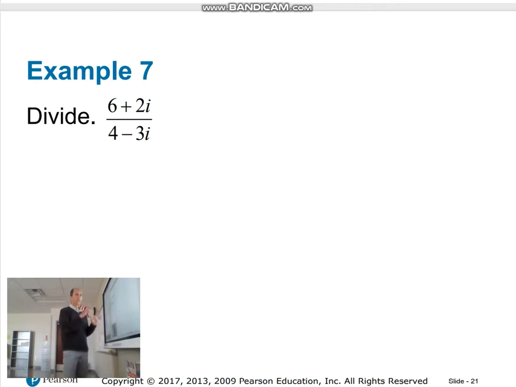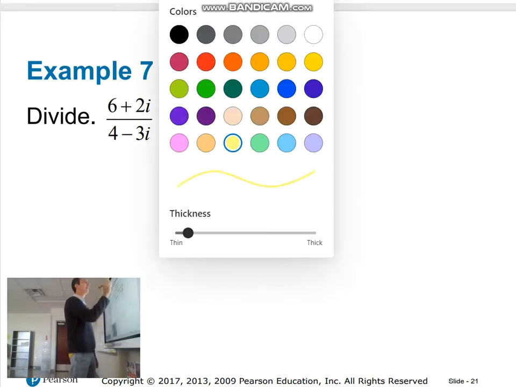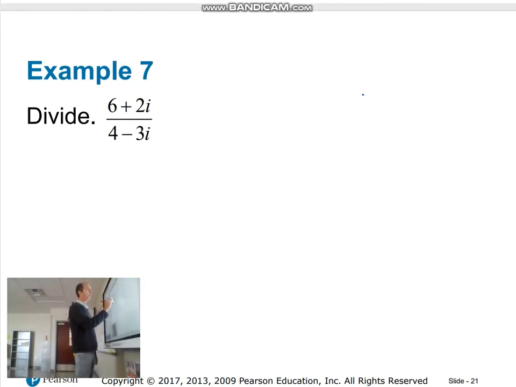Remember when we used the conjugate before to rationalize the denominator? Remember this? So we will multiply by 1 as a fraction made from the conjugate of the denominator, 4 plus 3i over 4 plus 3i.